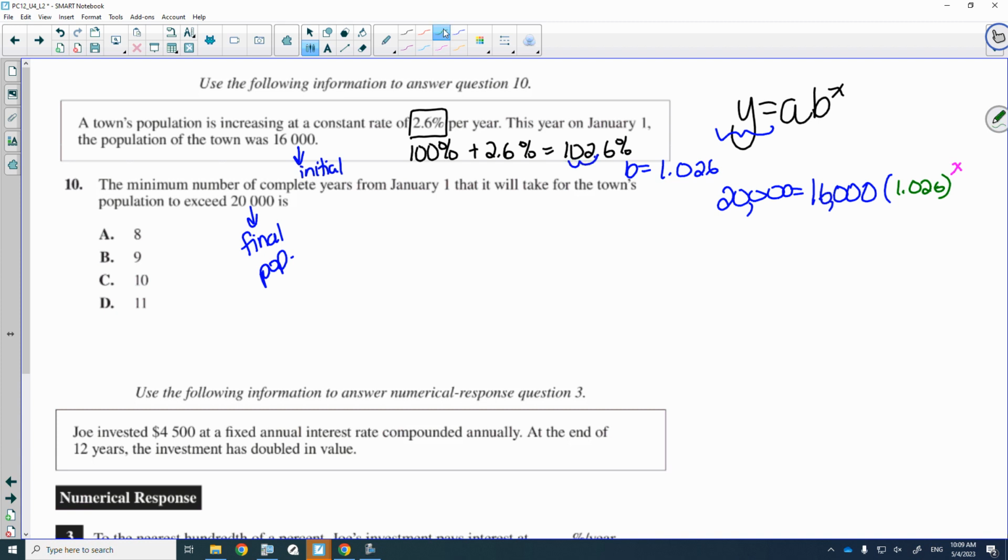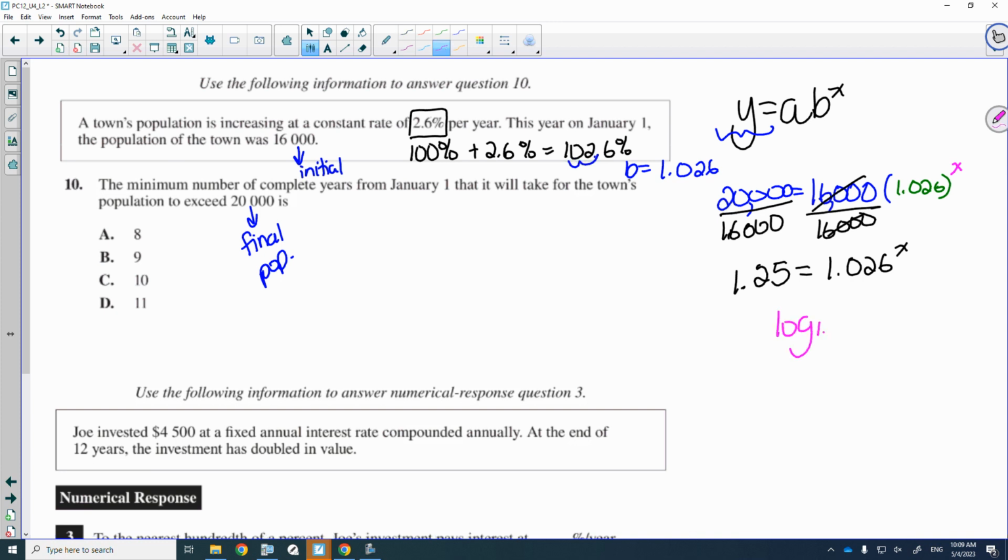So get rid of your 16,000 by dividing both sides by 16,000. 20,000 divided by 16,000 will give you 1.25 is equal to 1.026 to the x, and then turn that into a log to solve.